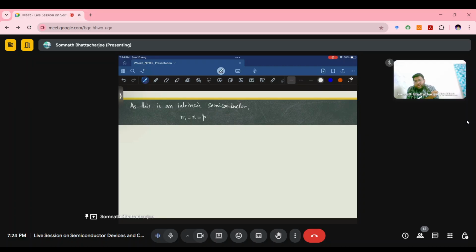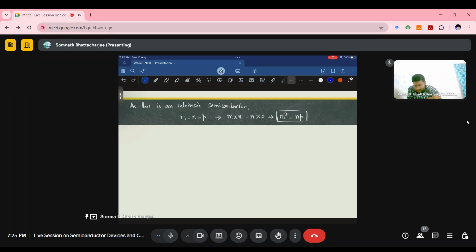The number of electrons per volume in the conduction band and the number of holes in the valence band should be equal. If we multiply Ni into Ni, then it equals N into P. So we can write Ni square equals Np. This is also an important formula.